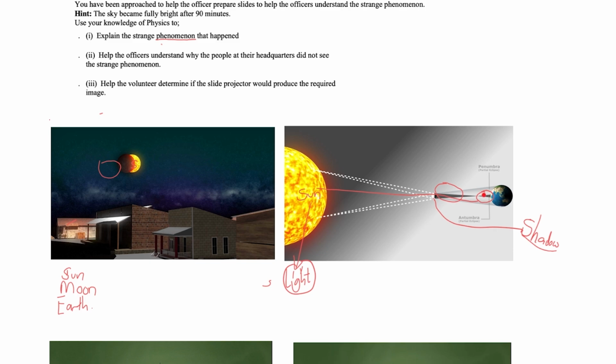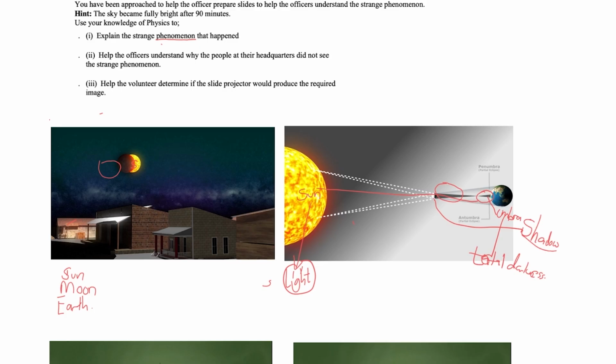Now, the part that is in total darkness, we say that that part is in the umbra shadow. That is the umbra shadow, where we are going to see the total darkness.